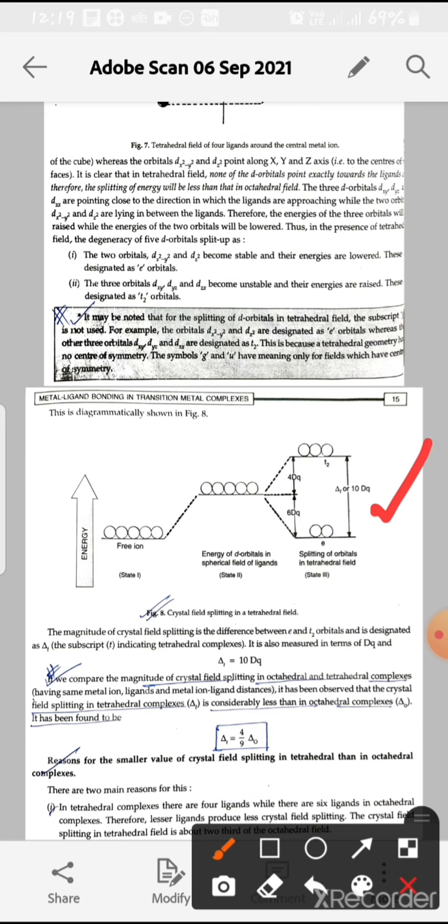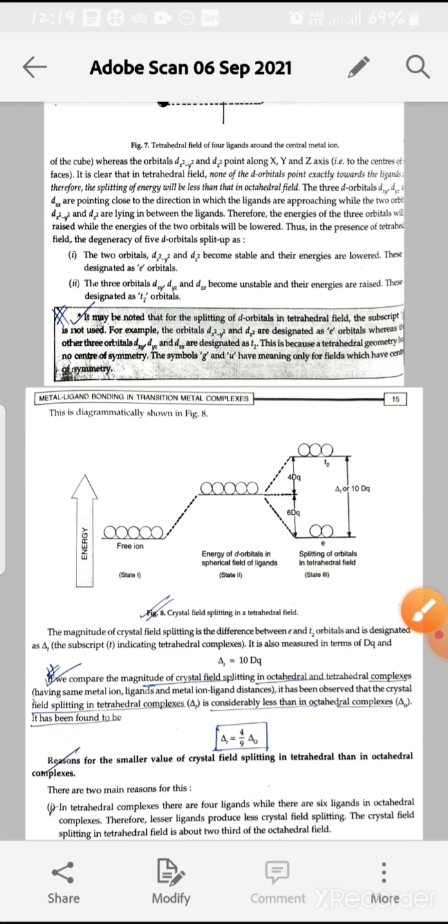The E set is stabilized by 6 Dq, whereas the T2 set is destabilized by 4 Dq, and there is also the barycenter rule, that is the center of gravity rule.